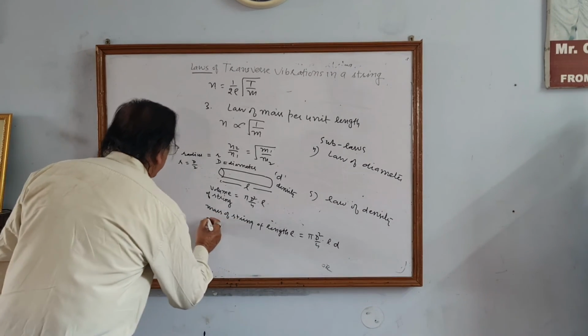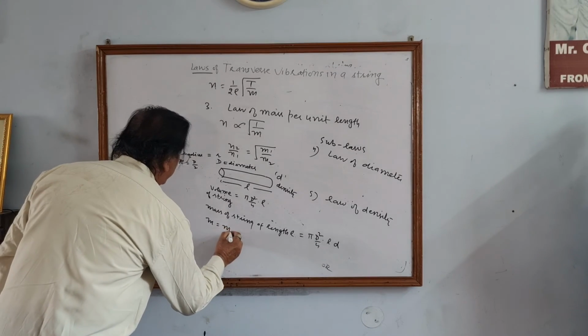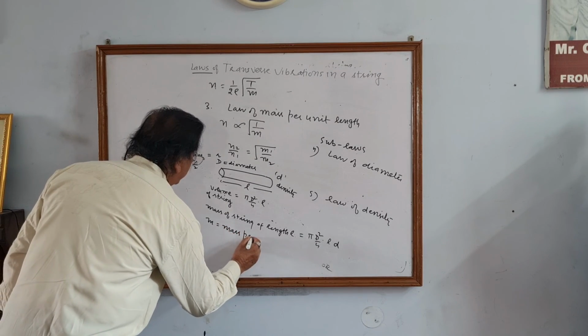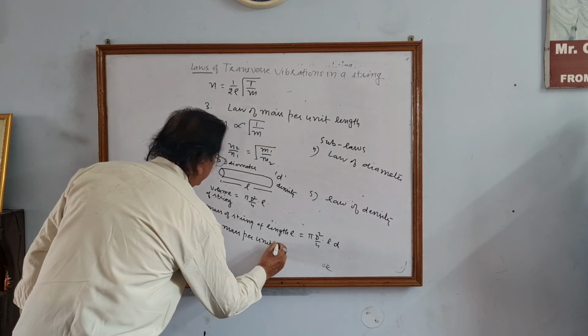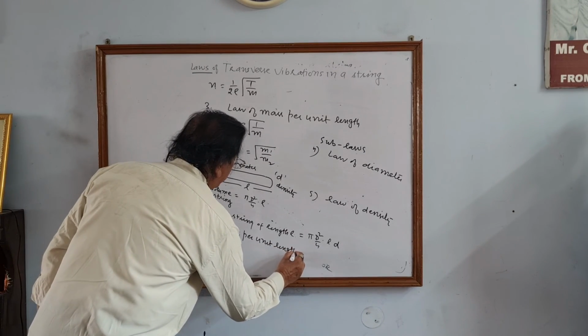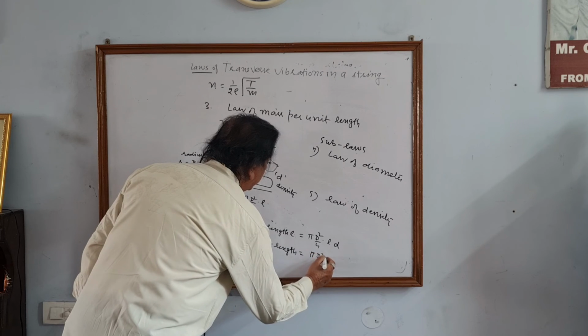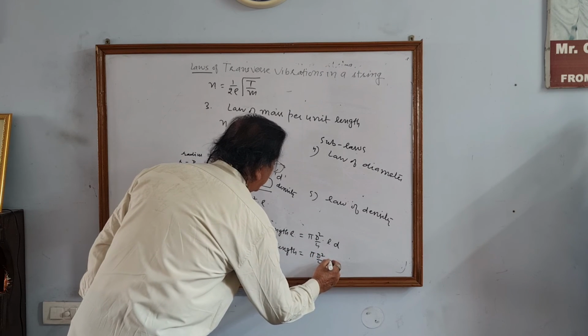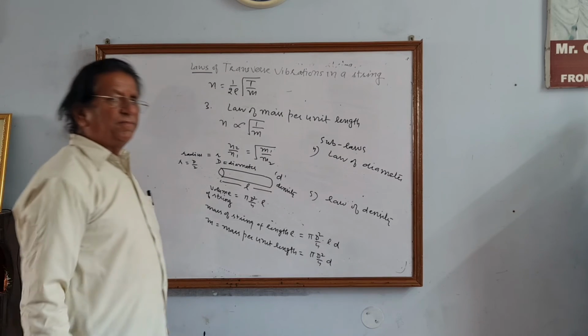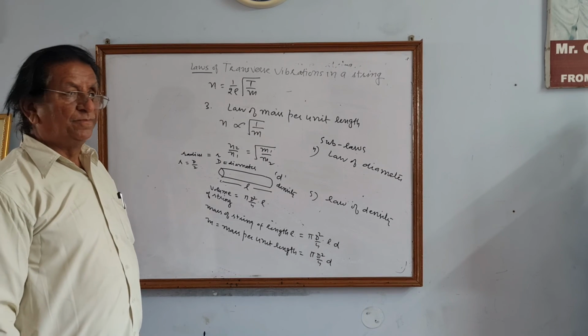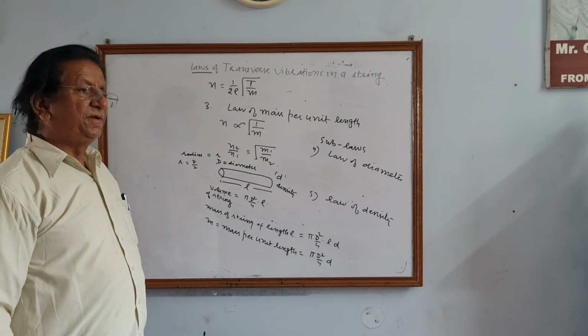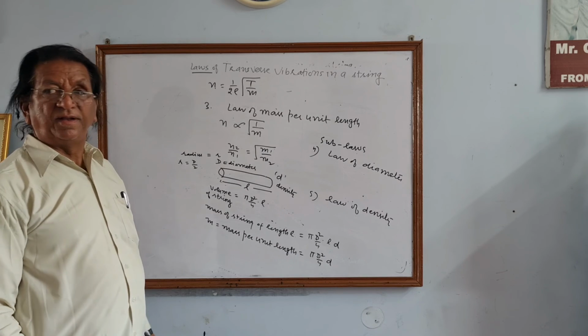So we want small m, that is mass per unit length. The mass per unit length means the mass of unit length, that is pi D square by 4 into small d. Take L equal to 1 meter, unit length.